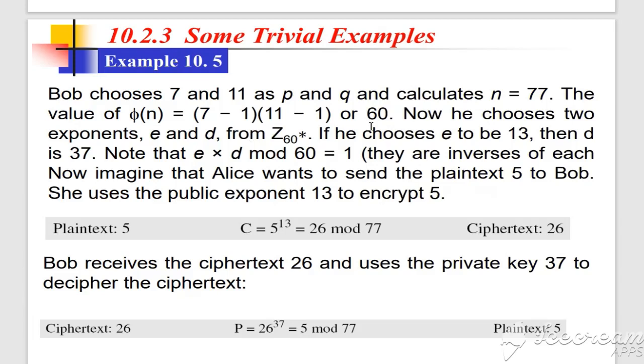So let us take some value. In between you can choose any value, and it should be prime also. Let us take 3 in this case. 3 is between 1 and 60, but it fails the second condition, because 3 is not co-prime to 60, as it divides 60, so 3 cannot be chosen as a public key.